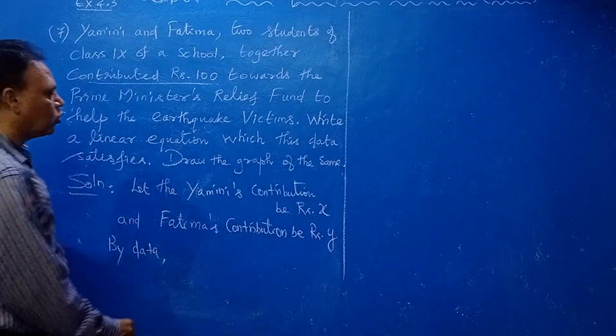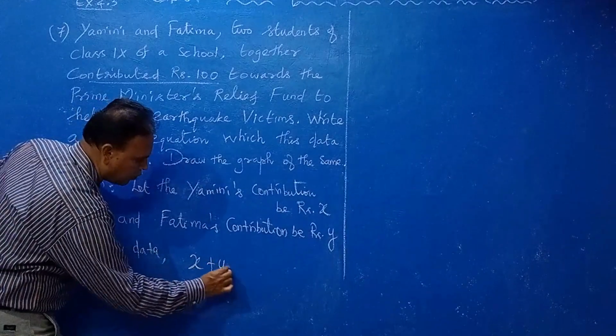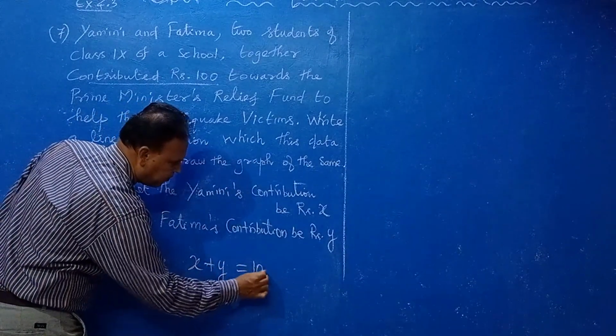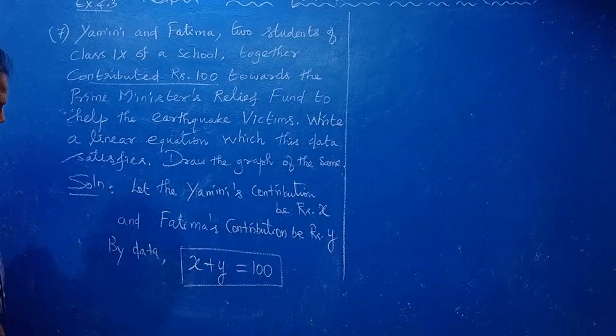That means both contributing X plus Y. X plus Y equals 100. So this is the required linear equation.